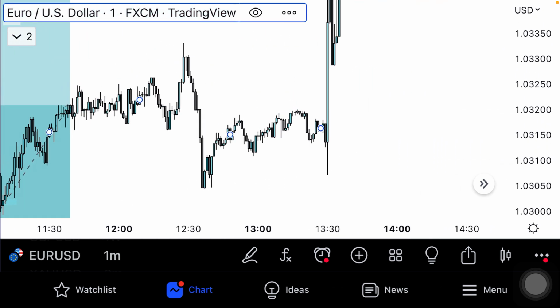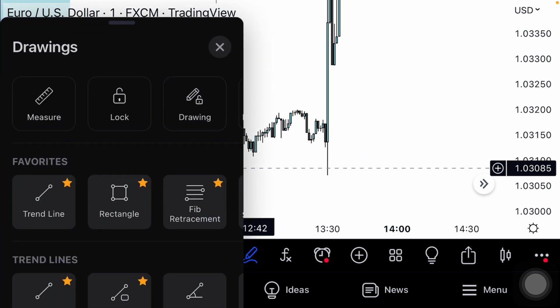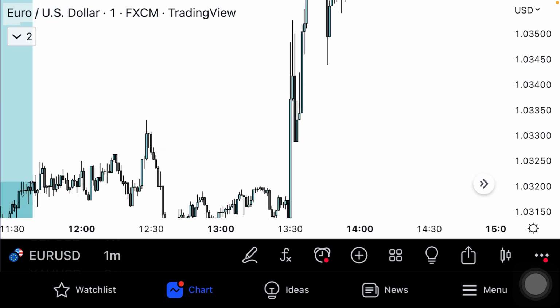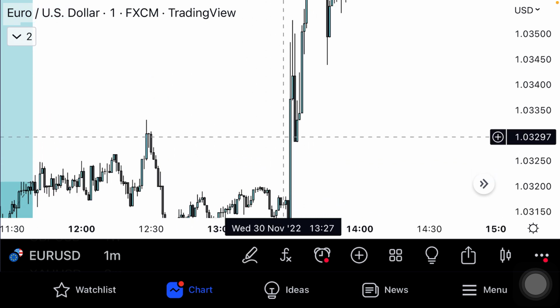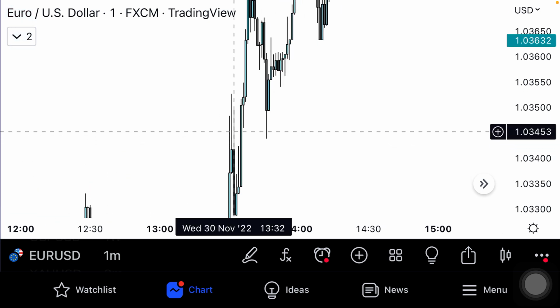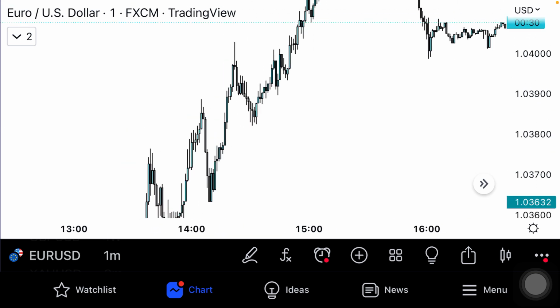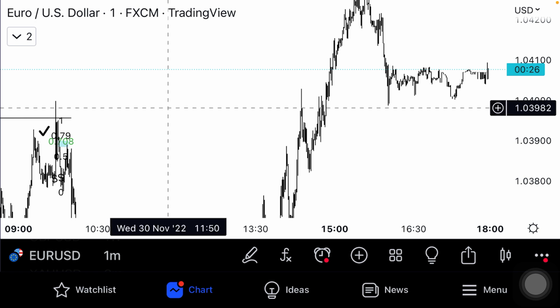This was pre-news, and this could have been a trade. Same goes for this one. It was a breaker entry. One of the guys from Telegram actually shared this trade. This was a fair value gap entry, and same goes on. So this was our target, this high.